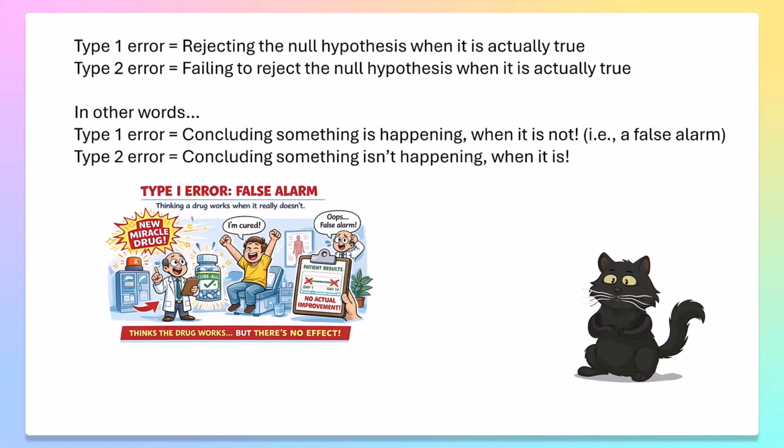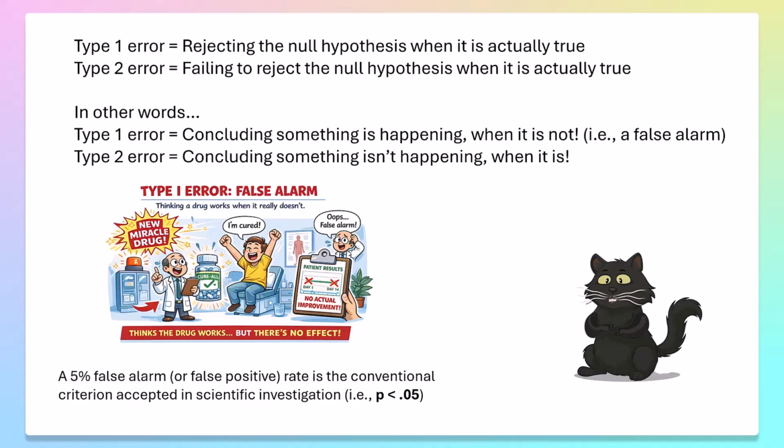To put it in more scientific terms, as an example, if there's, say, a drug trial, if we were to end up concluding that the drug works when it really doesn't, that is like a type 1 error.